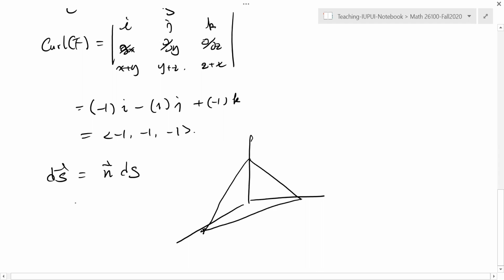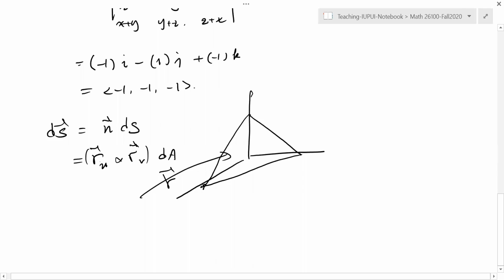You could use something like r_u cross r_v if you find the parameterization for this, but that will be too complicated. That's not necessary for this particular problem.